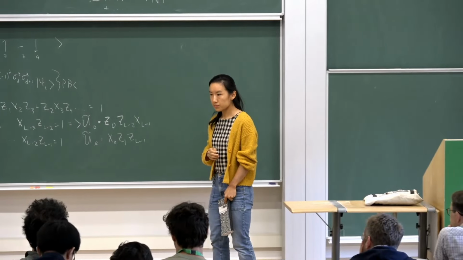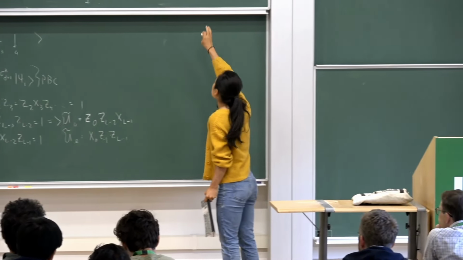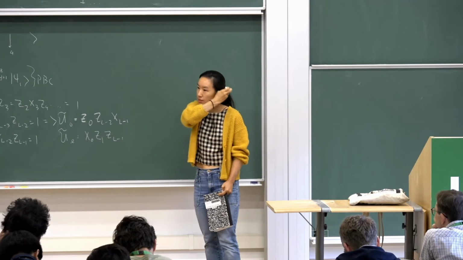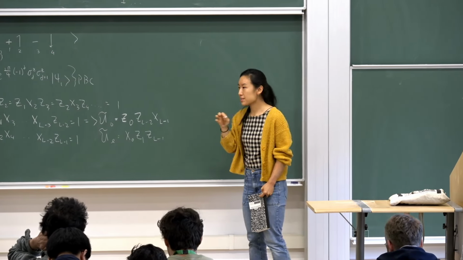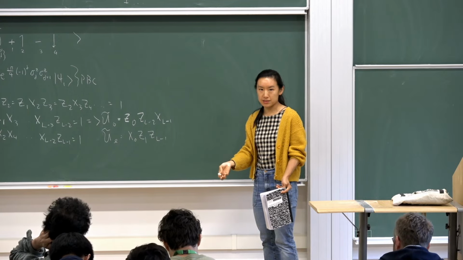I've just plugged in this equals 1 and this equals 1 in those definitions of U even and U odd. This is the effective action of the symmetry on states that look like the ground state in the bulk of the system.